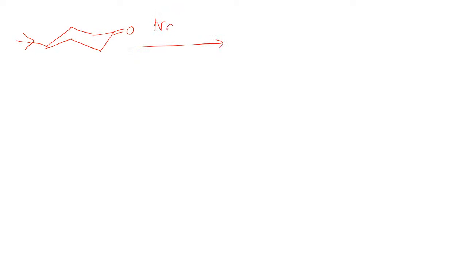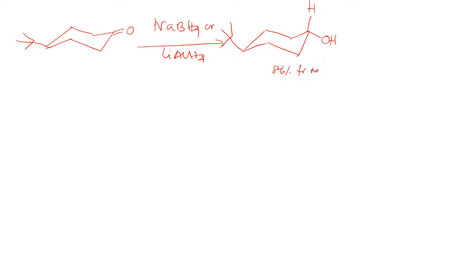Like sodium borohydride or lithium aluminum hydride. So what will you get? In this case, you get the axial attack as major. So hydride comes from the axial side, you get 86% for sodium borohydride.